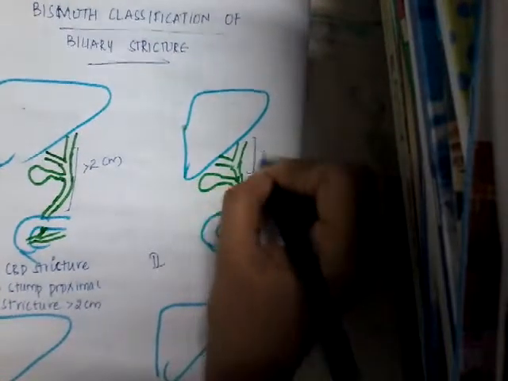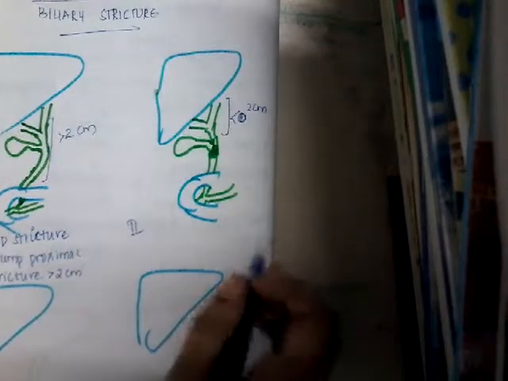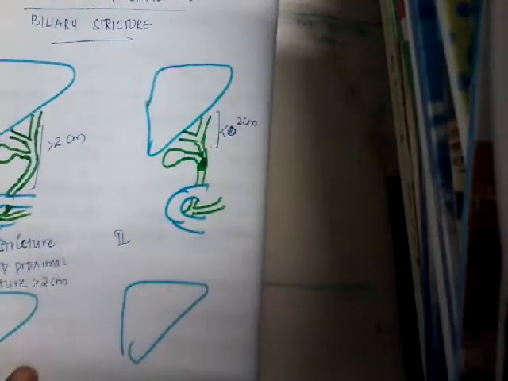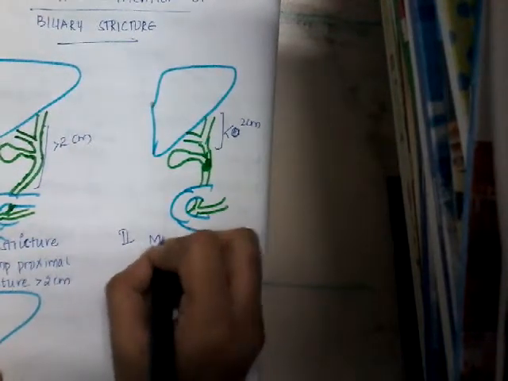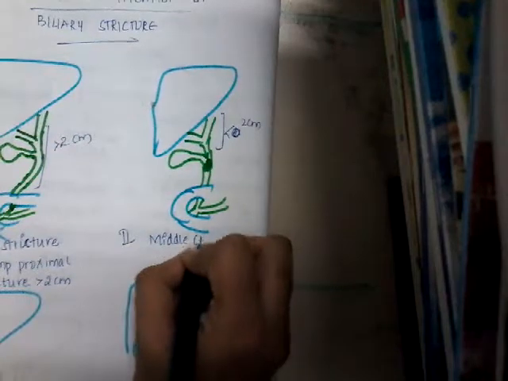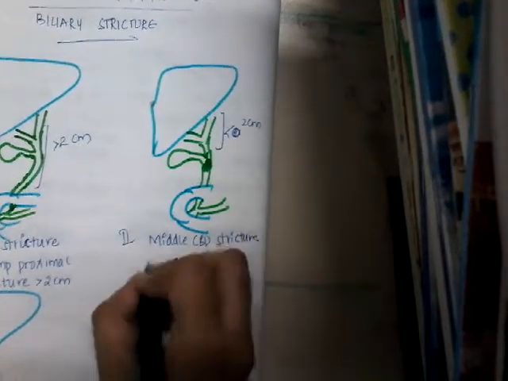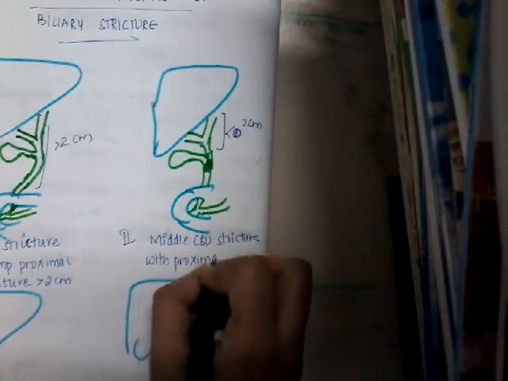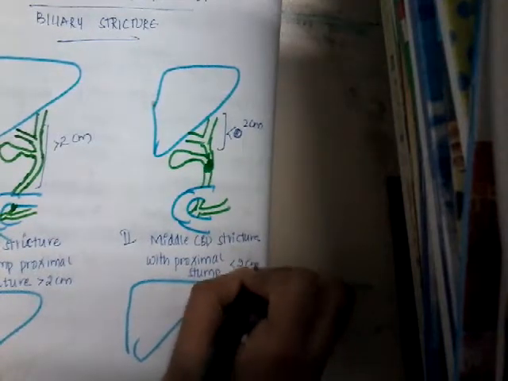This part is less than 2 centimeters. Here there is a middle common bile duct stricture with the proximal stump which is less than 2 centimeters.